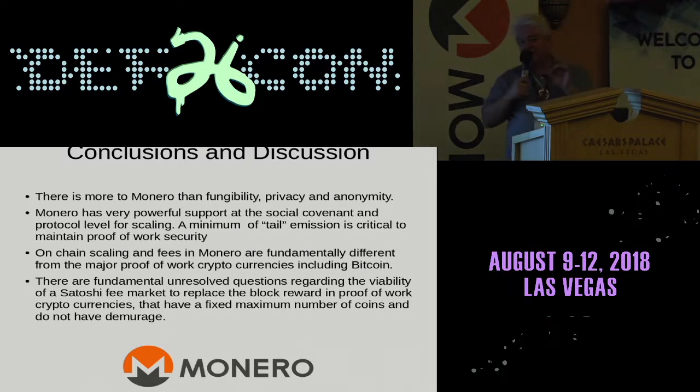So none of this is a question for Monero. It puts Monero, quite aside from privacy, fungibility, and anonymity, head and shoulders over most of the competition. It is not a well-known aspect of Monero. It is one that I hold very dear to my own heart because that's what I work on. But it enables the kind of ideals that have been discussed here, like we want to help people in the developing world.